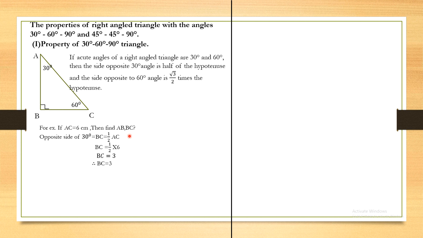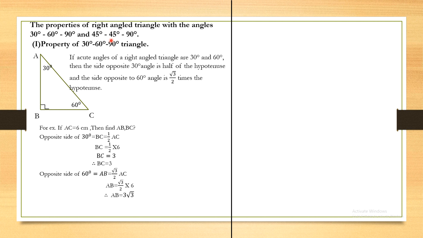Now let's find side AB. The side opposite 60 degrees is AB, so we can write AB equals root 3 by 2 times the hypotenuse, that is AC. AC is given as 6, so we get AB equal to 3 root 3.